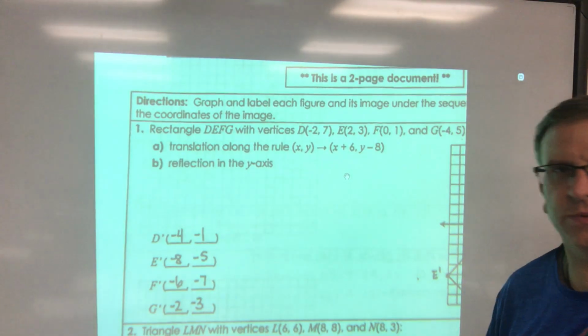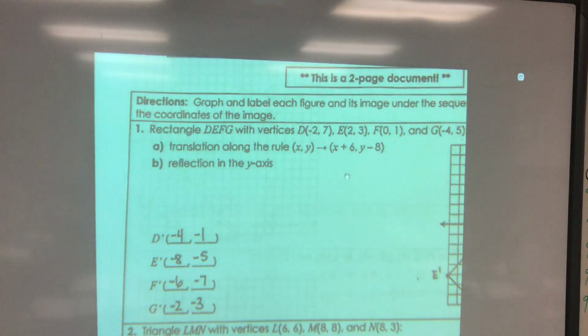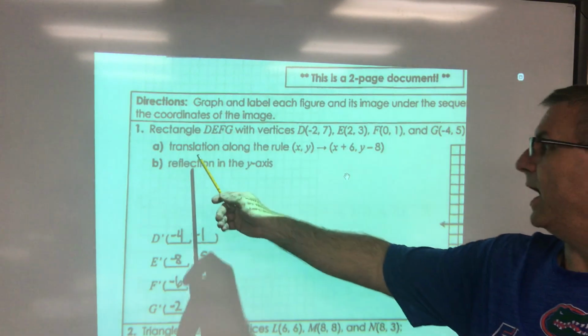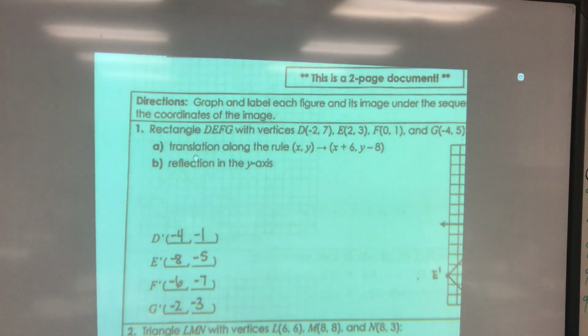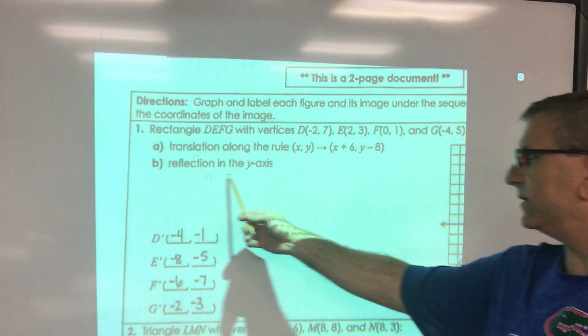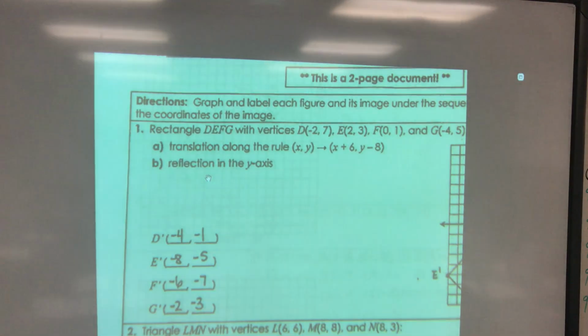This is called sequencing. This is when you have more than one option, or I should say more than one rule. So let's just follow what they ask. I am doing a translation along the rule of this, and then I reflect in the y-axis.